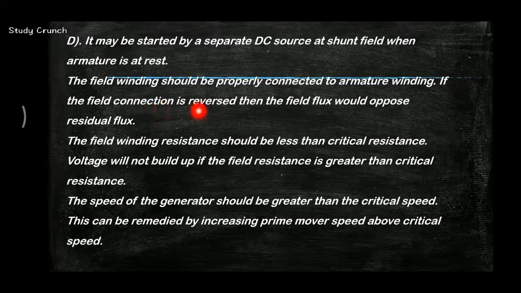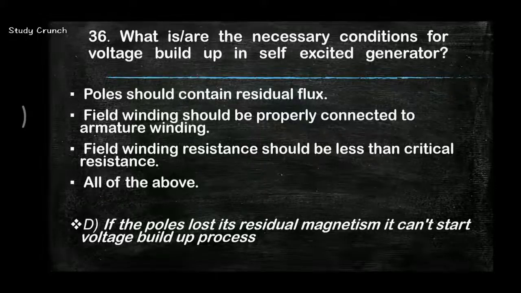If the field connection is reversed, then the field flux would oppose the residual flux. The field winding resistance should be less than the critical, otherwise the voltage will not build up with a field resistance greater than the critical. The speed of the generator should be greater than the critical speed. Answer will be D, that is all of the above.